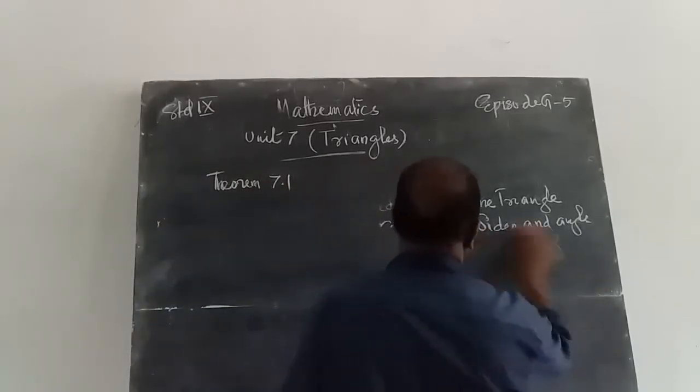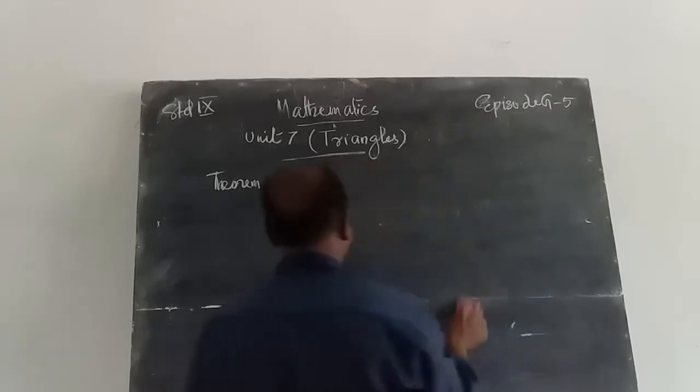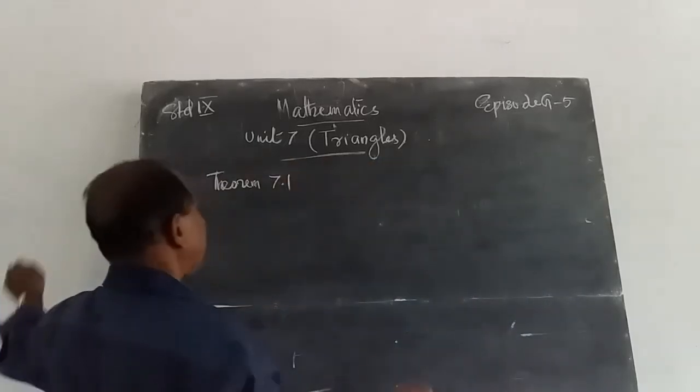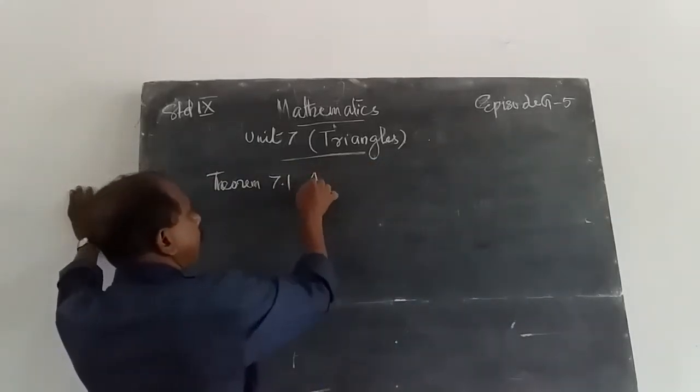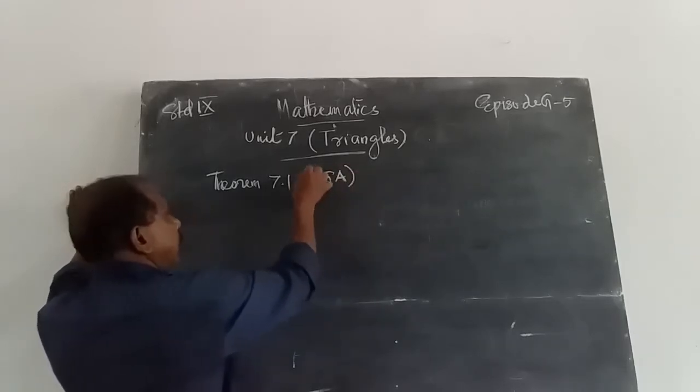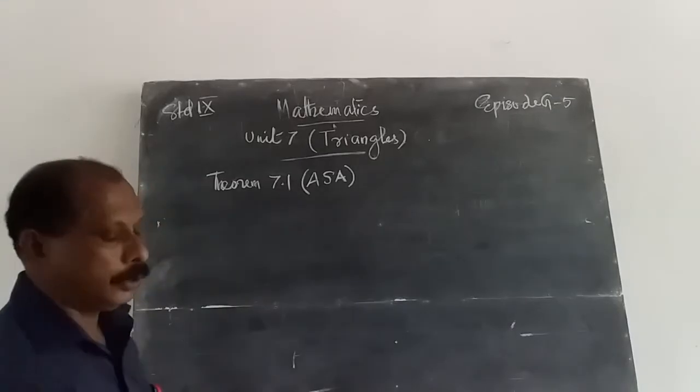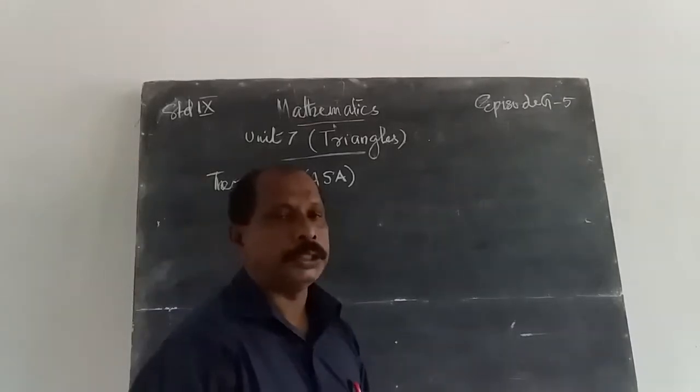The second theorem is angle, side, angle, that is the ASA criteria or theorem for congruency.